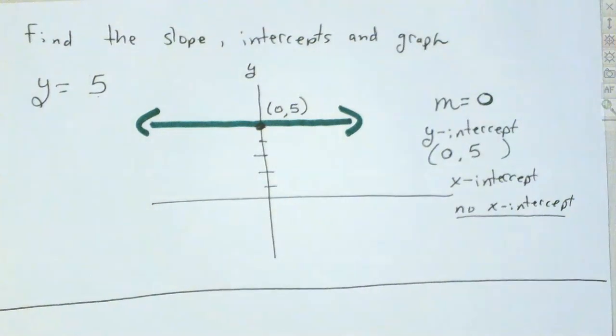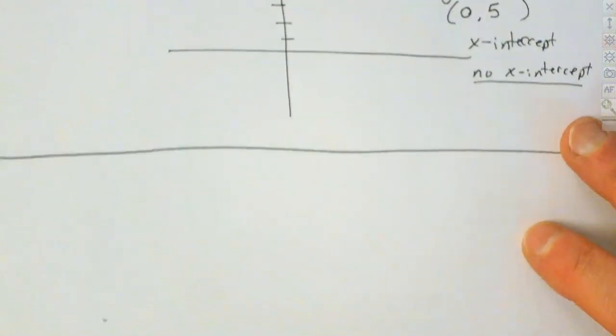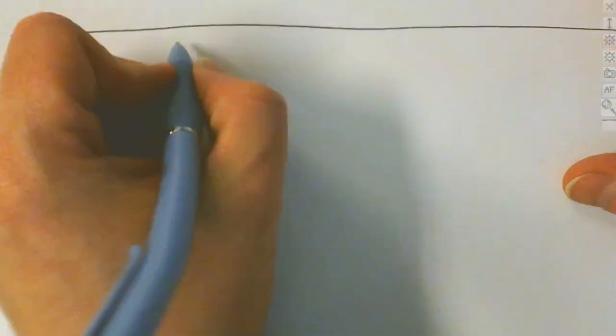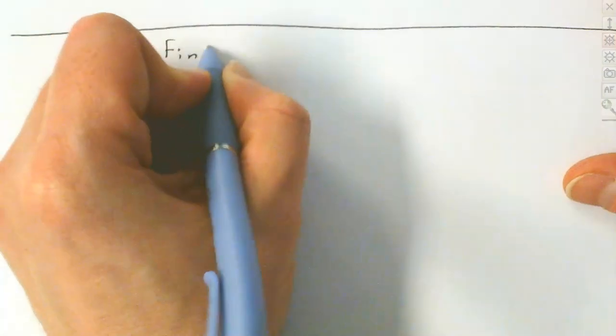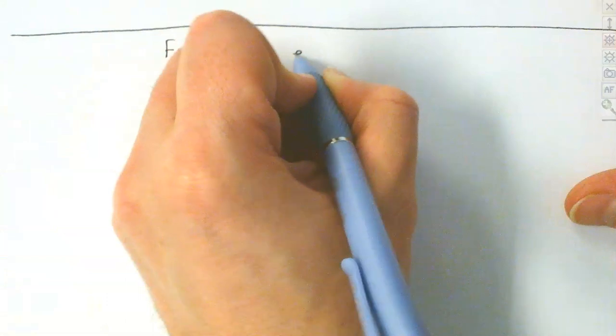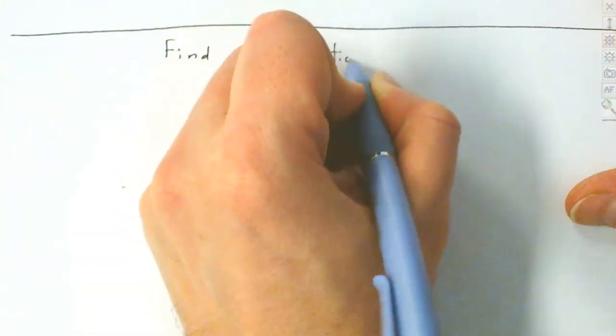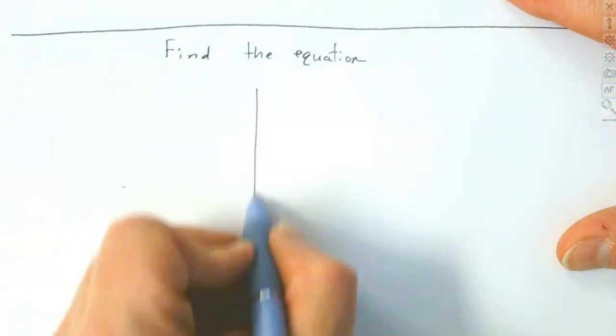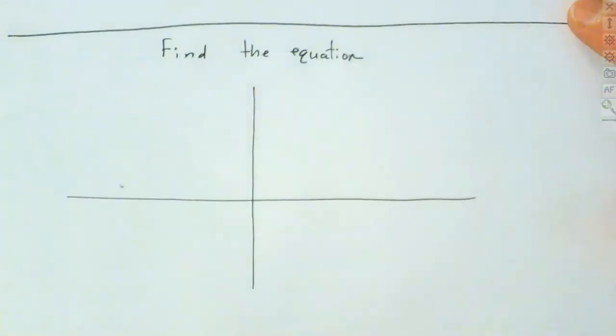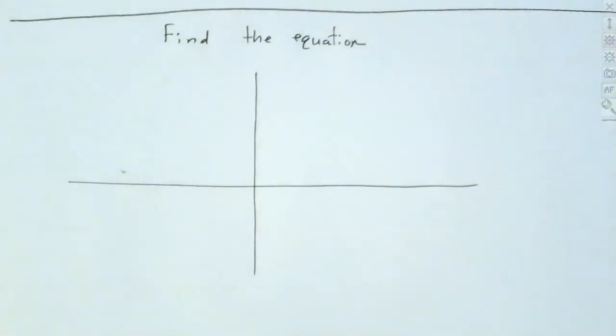Now I'm going to give you a picture, and we're going to use this picture to work backwards and get our equation. So let's find now the equation. I'm going to give you a picture, and I'll make sure it looks similar to what they give you in the homework.